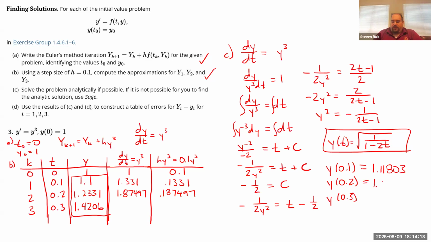So I get 1.29099, and then finally 0.3. So 1 over 0.4, square root of that, and I get 1.58114.